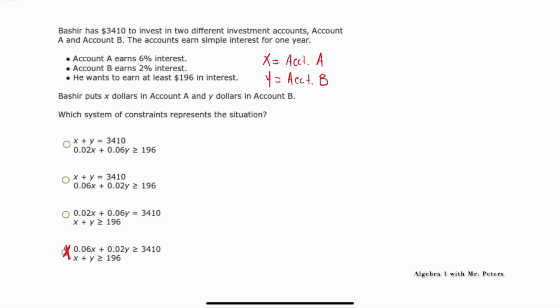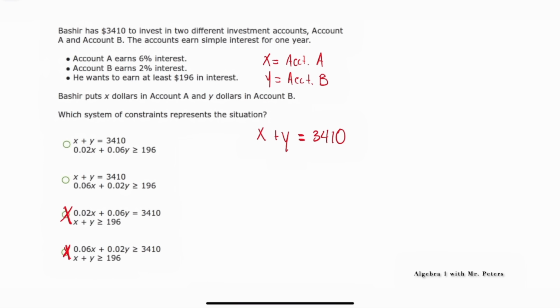So if he has $3,410 to invest in two different accounts, what is that saying? All right, when we add account A plus account B, it should be equal to 3,410. So when we look at answer choice C, we could eliminate it. Now what we need to do is determine, is it going to be answer choice A or answer choice B? So when we look at it, the second part says account A earns 6% interest, account B earns 2% interest, and he wants to earn at least $196 in interest.